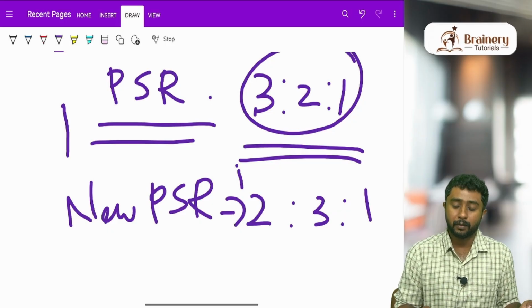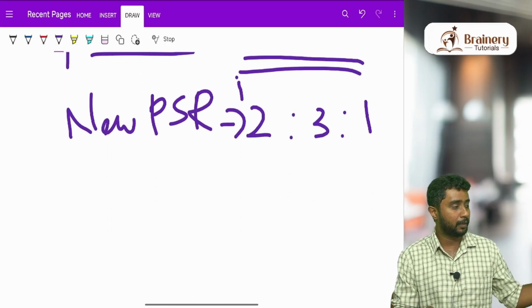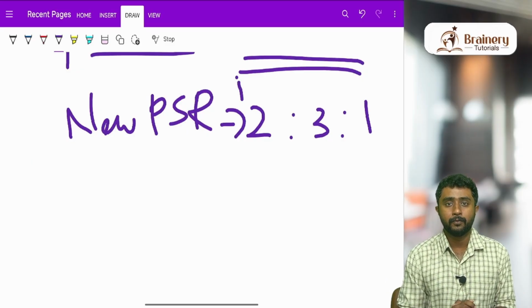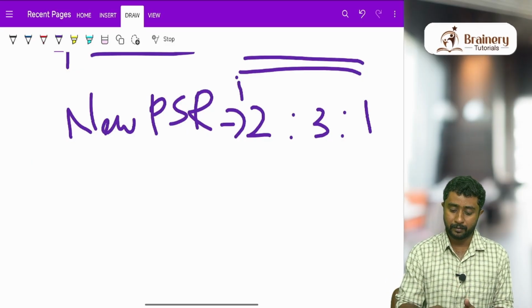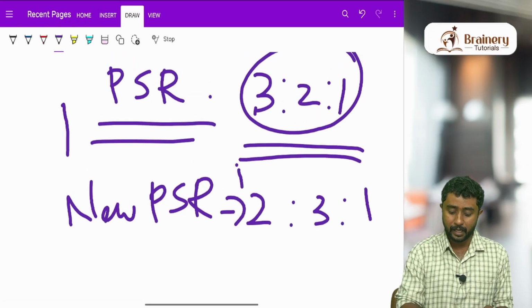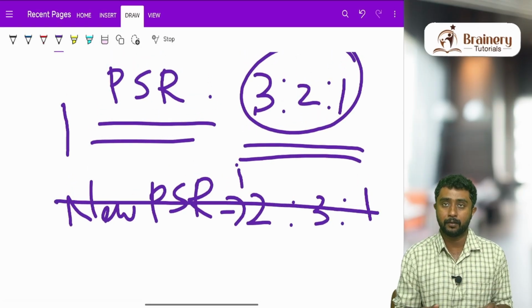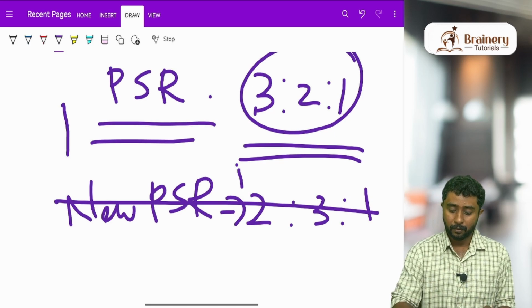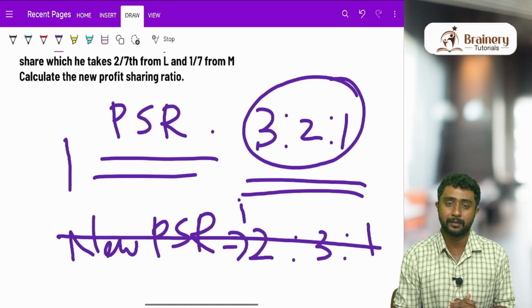Any other cases of reconstitution? Just imagine that we 3 were partners. We are adding one more partner into the business. So obviously one new person is coming into the business. Can we share the profit in the same 3:2:1? Now we are discussing a new example. Already we were sharing profits in the ratio of 3:2:1.